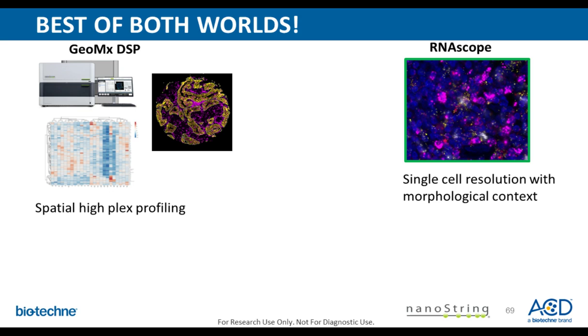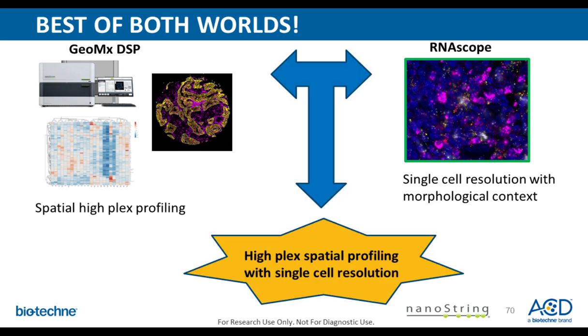So with that, we know that GeoMix DSP and RNA-scope are individually very powerful techniques, but with the joint workflow, we can have spatial gene expression profile with high plexing capability while retaining the morphological context, which is extremely significant for heterogeneous tissues like the tumor, especially lung cancer tumor.